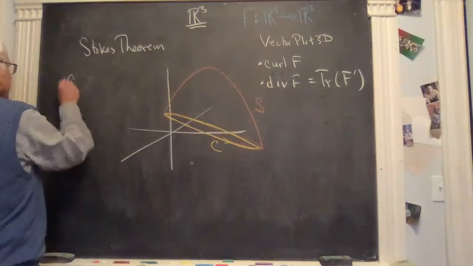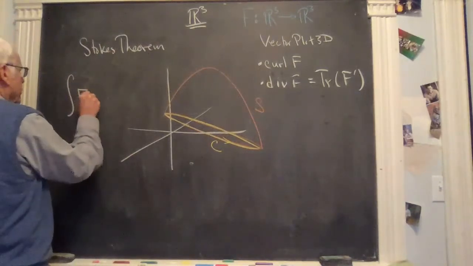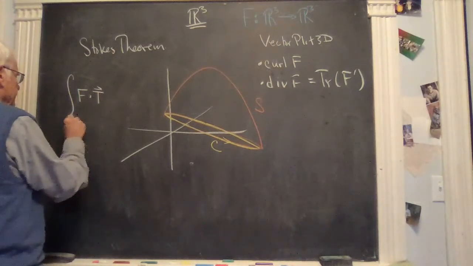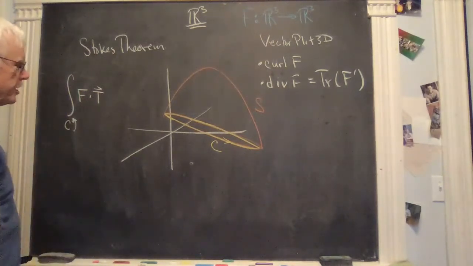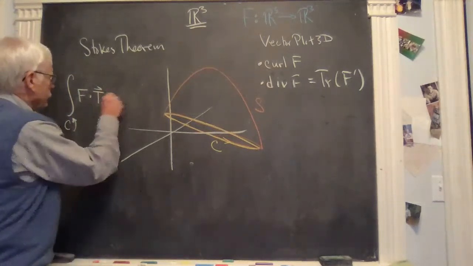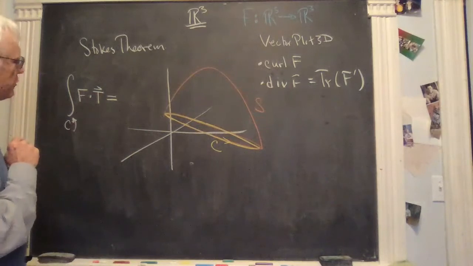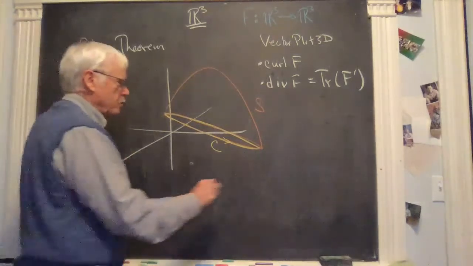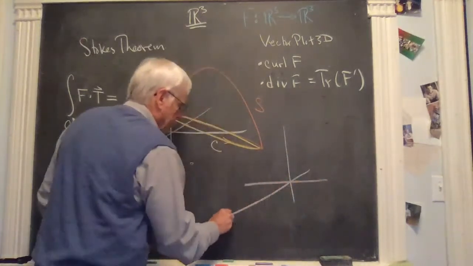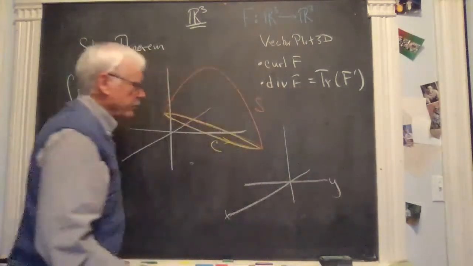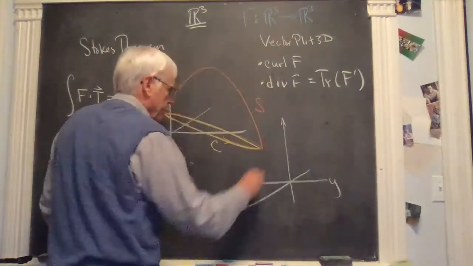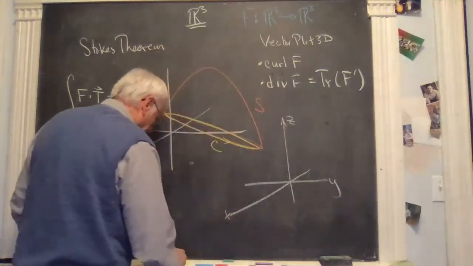We'll look at the tangential line integral around C of F dot T. And this will be equal to, and let's get an idea of what it's going to be equal to by looking at Green's theorem. So I'll look at Green's theorem here in the XY plane, but I'll draw it in three-dimensional space.